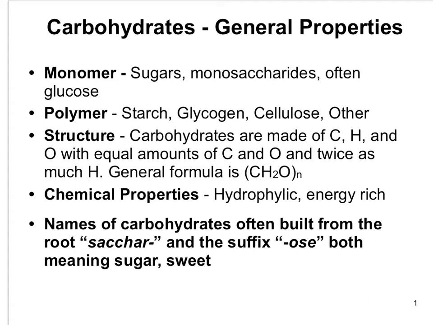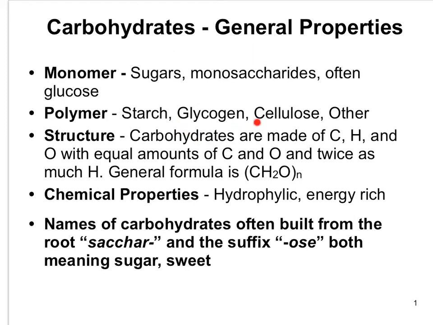The most common one to be used in your body to make polysaccharides, carbohydrates out of, is glucose. Glucose is the main carbohydrate monomer used by your cells. Polymers of glucose come in several varieties. Starch, which is used by plants, is a polymer of glucose.